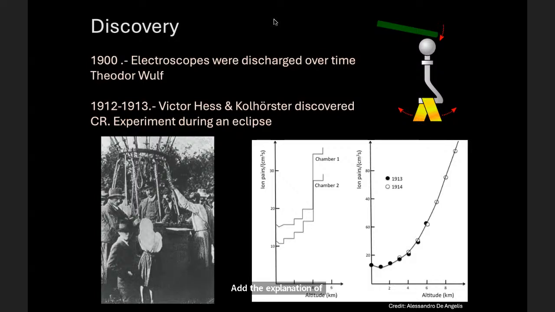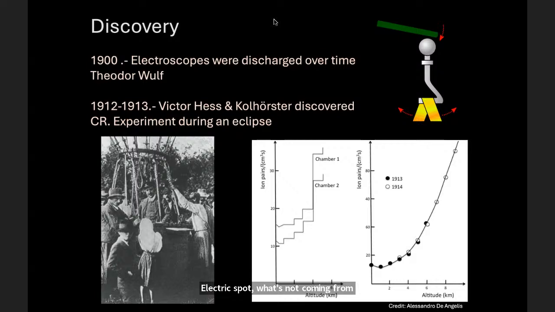So he was expecting this line going down, but he found it going up. So it means that the farther you went from land, the more you got. So one of the explanations was that this thing that was discharging the electroscope was not coming from the land. It was coming from outside of Earth.